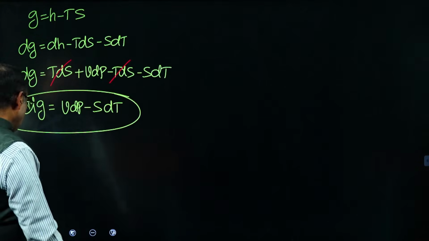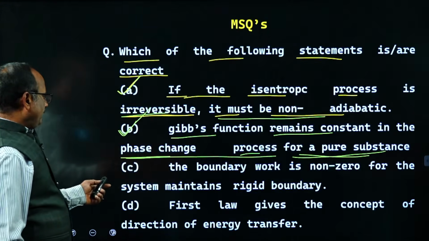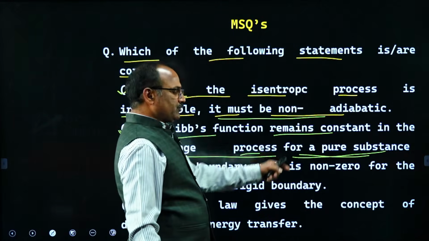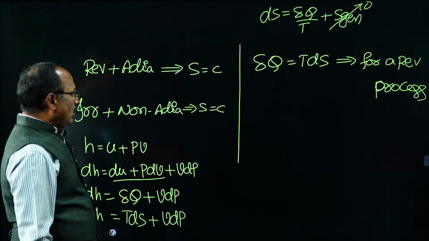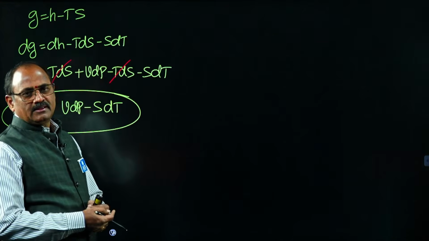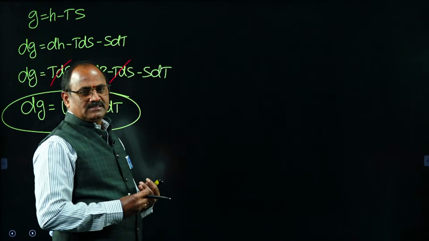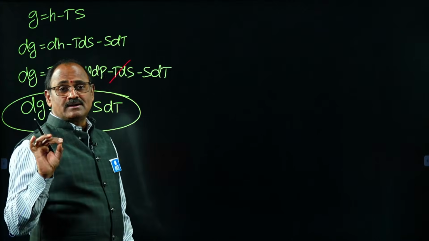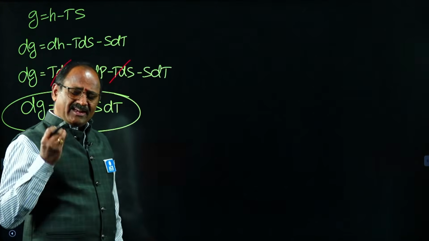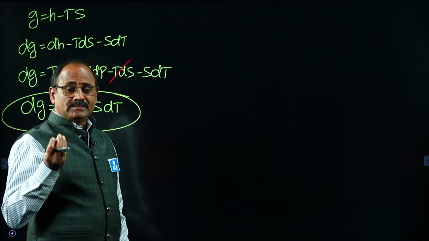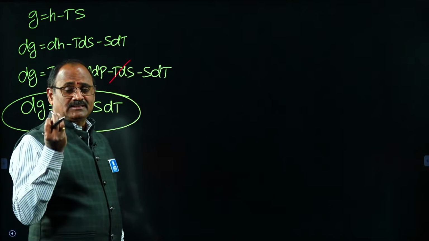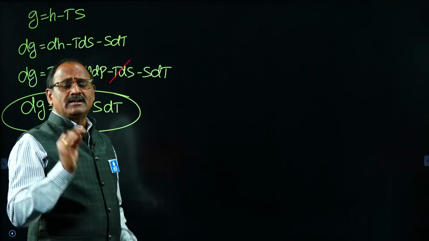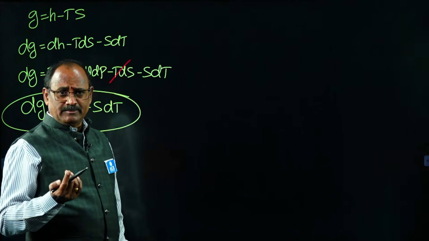Now, it is asking about the phase change process for any pure substance. All pure substances have the phase change process at constant temperature and constant pressure. That means during a phase change like vaporization, not only is temperature constant but also pressure remains constant.